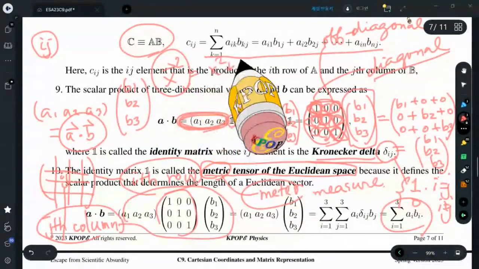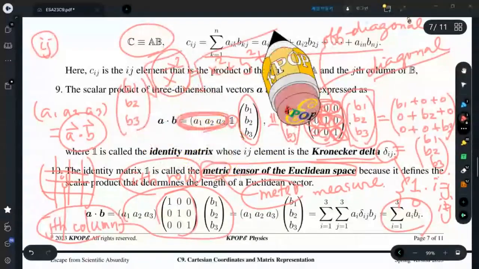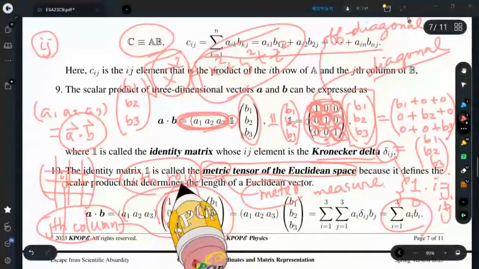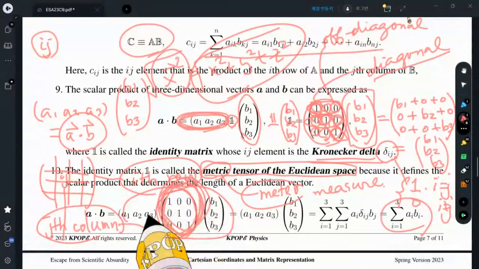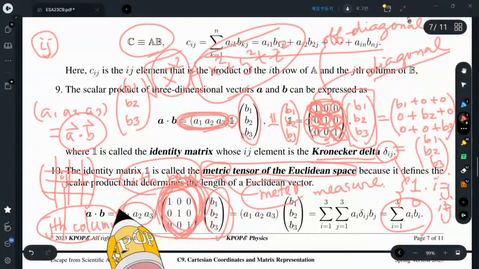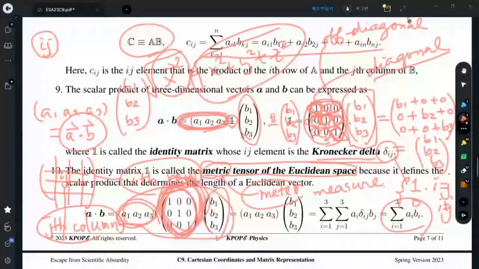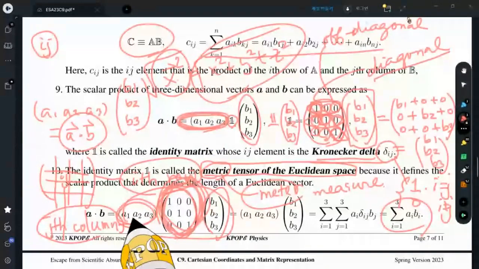It is x squared plus y squared plus z squared. And we'd like to know the magnitude. This is the length. So if I insert an identity matrix in the Euclidean space and multiply two identical vectors, a row and a column, then we can measure the length of the vector, the length squared.